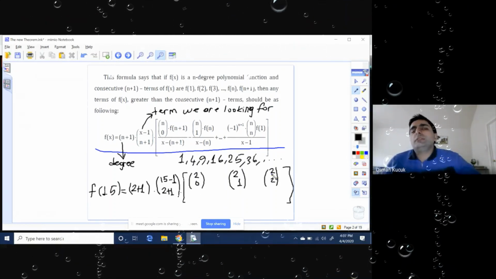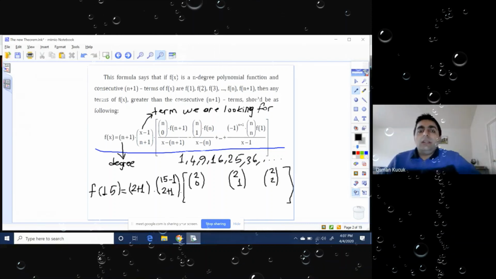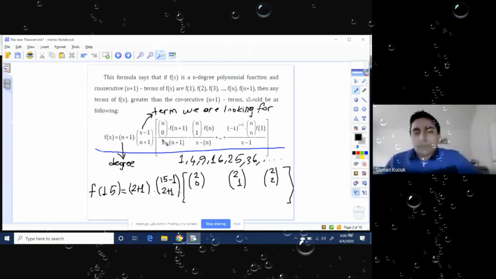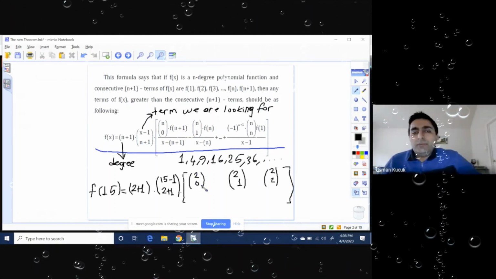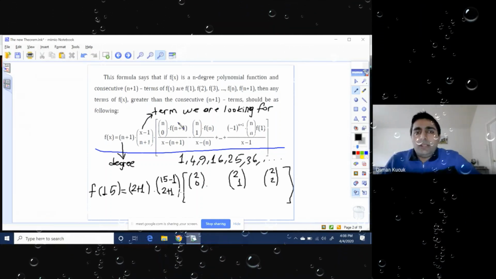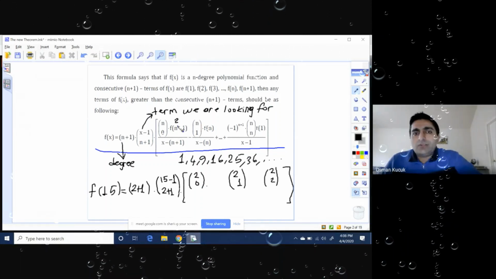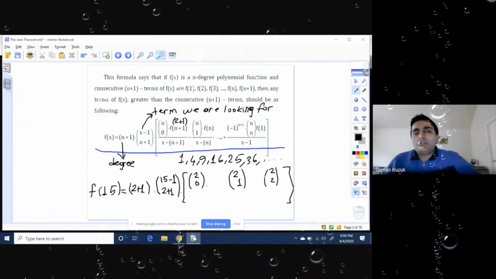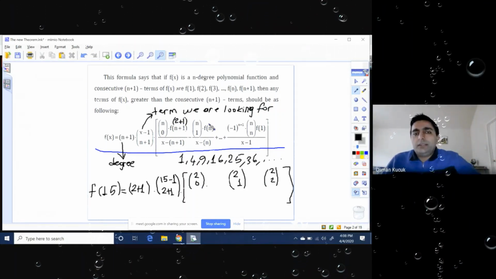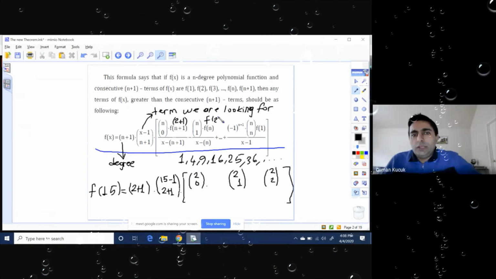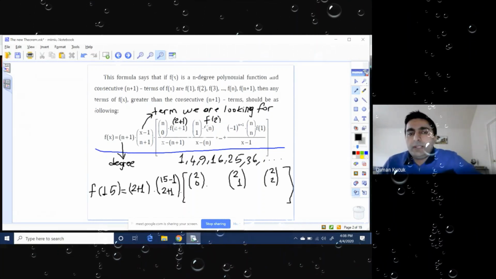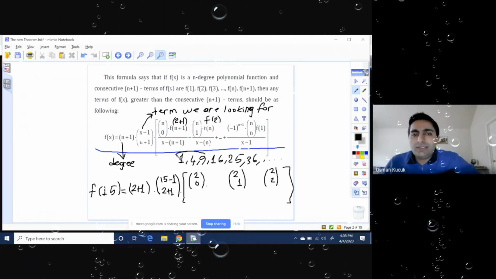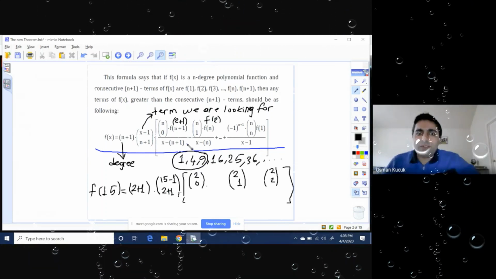Then we multiply 2 combinations of 0 by f of 3, because we need to substitute 2 for n. 2 plus 1 is equal to 3. So f of 3, then f of 2, and the last one will be f of 1, because we need to use the first 3 terms of the sequence.